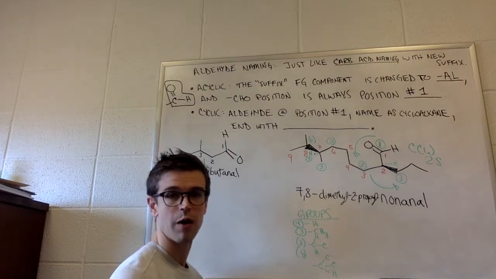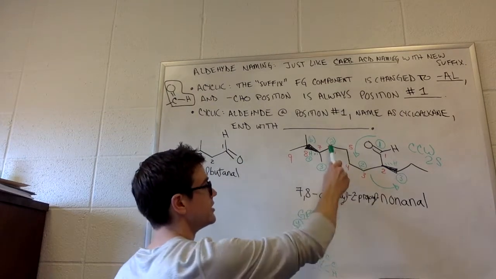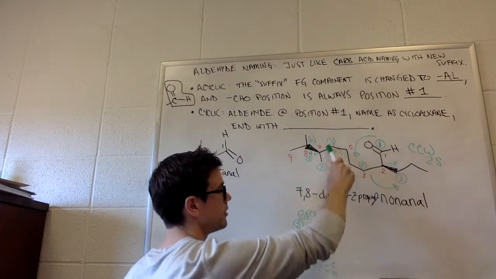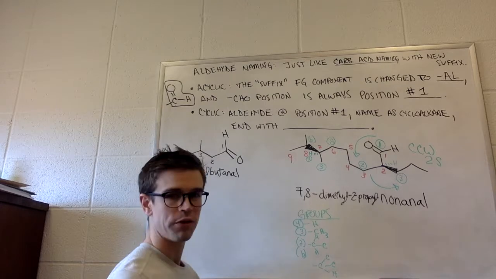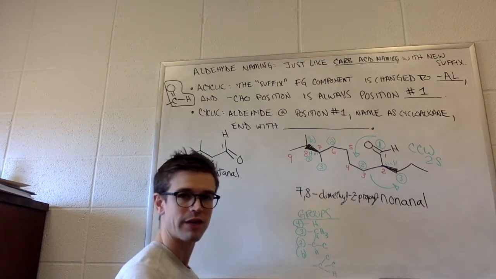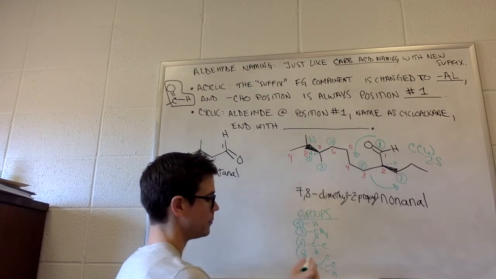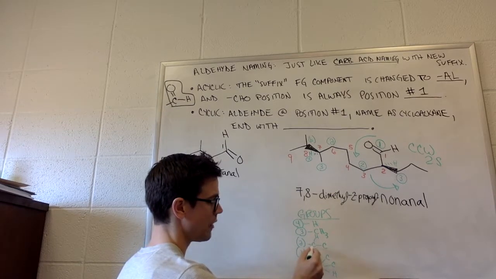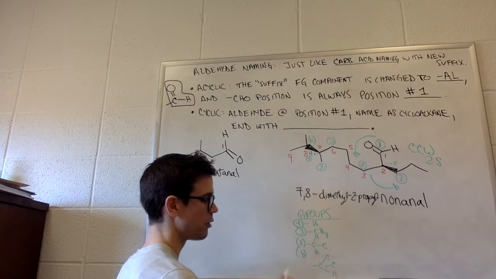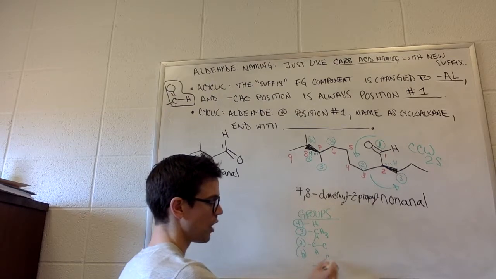So essentially what the problem that I see a lot of people have with this is they see all this stuff and they're like, oh, A is definitely priority 1. But the only thing that matters is the first point of differentiation. So having 1 carbon and 2 hydrogens on that carbon is a lower priority than having 2 carbons and a hydrogen.